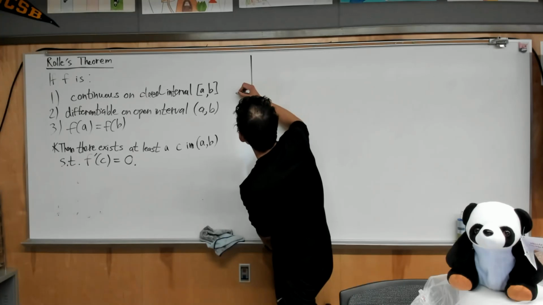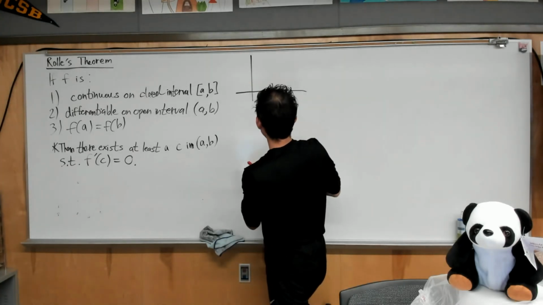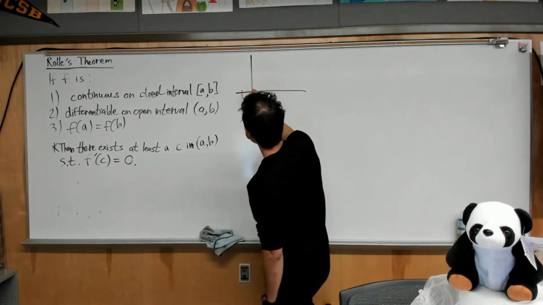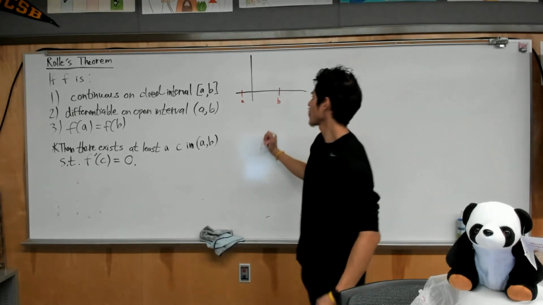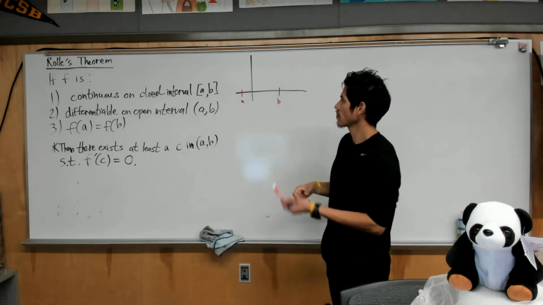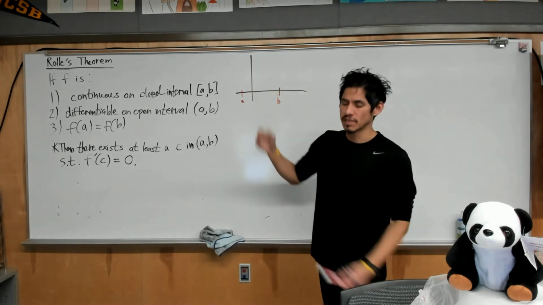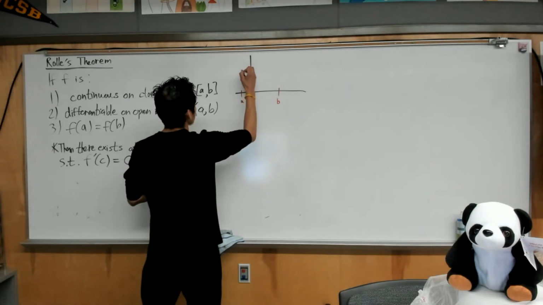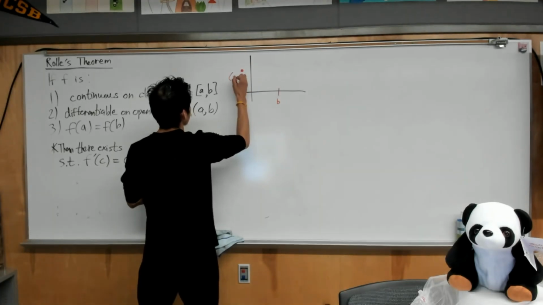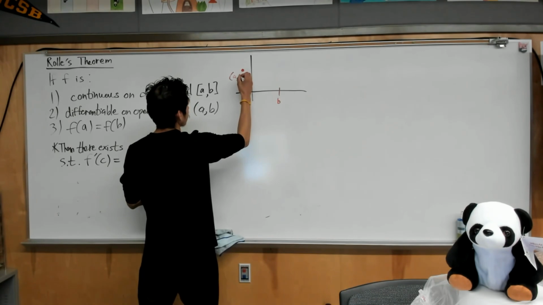So let's try some basic sketches. So AB. The most simple case would just be a horizontal function. Let's say that the y values at A and B are going to be 4.